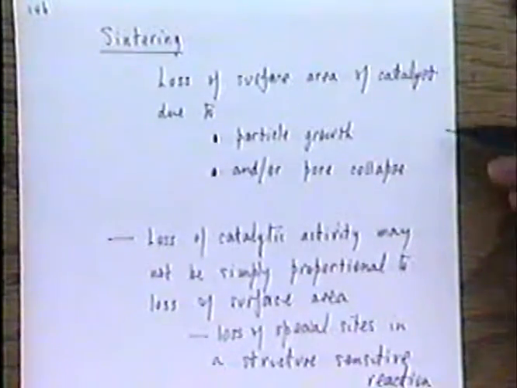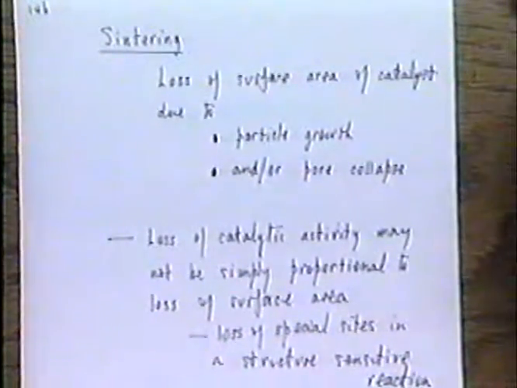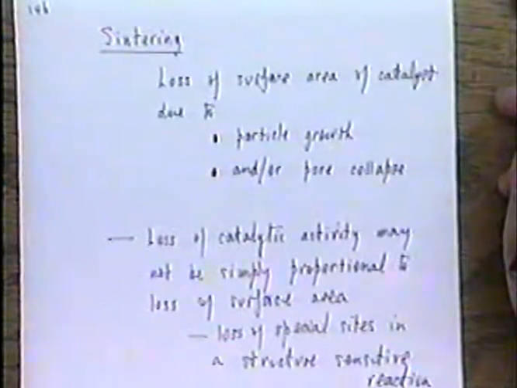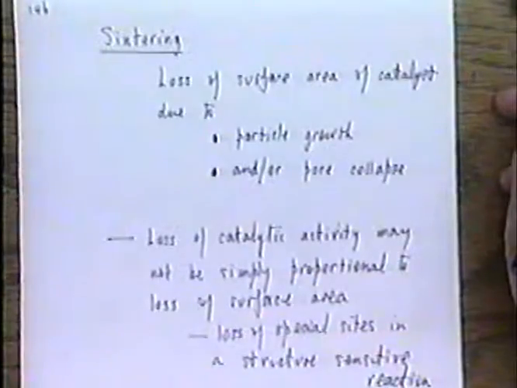Both of these processes may go on together or they may be separate. They generally result from transport of material under reaction conditions, and that transport can either be surface diffusion and, in addition, it can be transport of matter through the vapor phase.